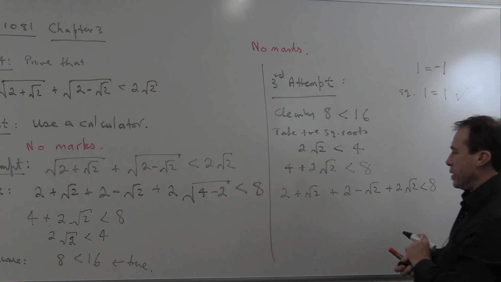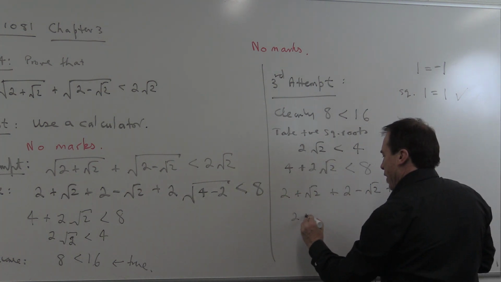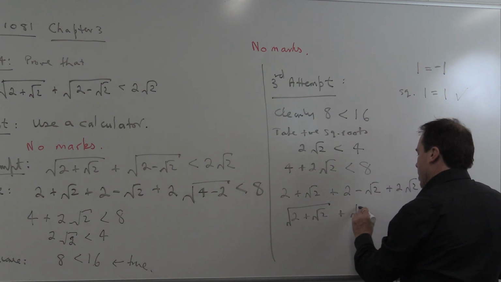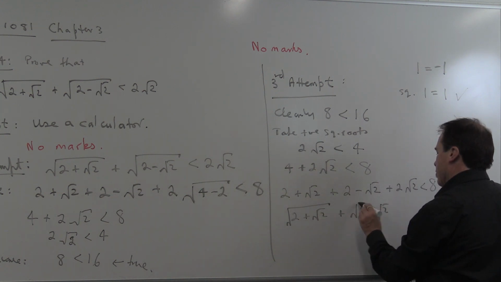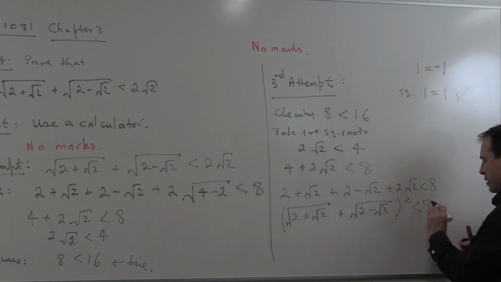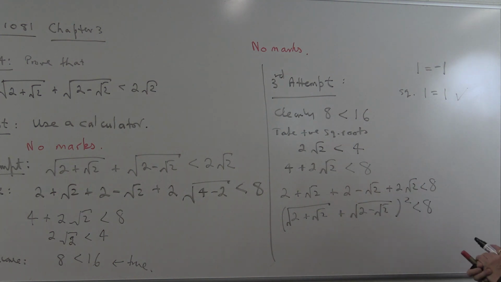And now again I make the amazing observation that this factor over here is in fact the square root of 2 plus root 2 plus the square root of 2 minus root 2, all squared. And that's less than 8, and you can check that's true by just expanding it back out, and yes, it all works.